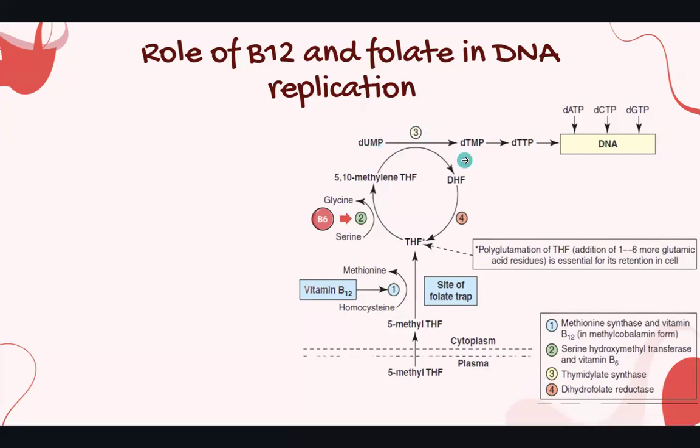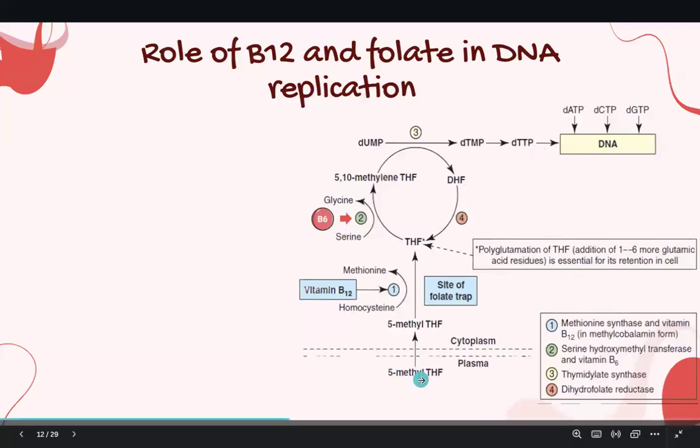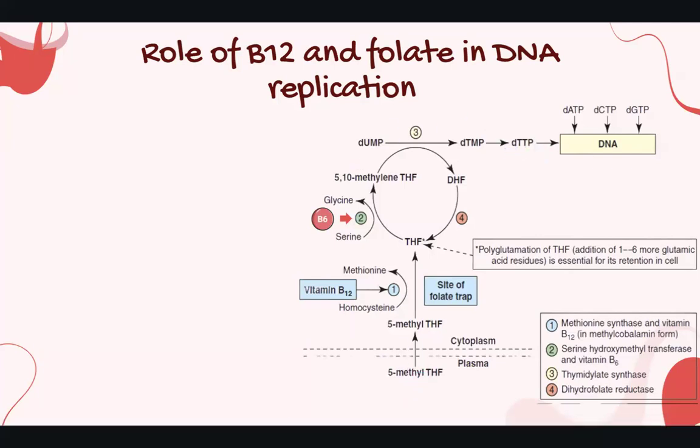This forms deoxythymidine monophosphate, DTMP, and this DTMP gets converted into deoxythymidine triphosphate or DTTP. This then is used in DNA synthesis. So this is the process in which we can convert folate into thymine.